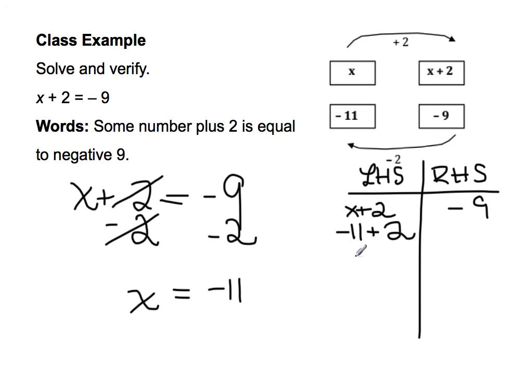So we take that variable out, and we put the negative 11 in, and I get negative 9. And since the left-hand side equals the right-hand side, you know you've done the math correctly. If you get negative 10 is equal to negative 9, then you know you've made a mathematical error somewhere. You've got to go back and check.